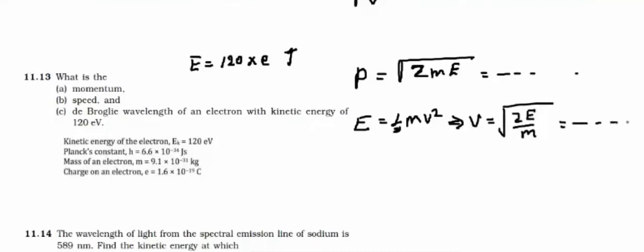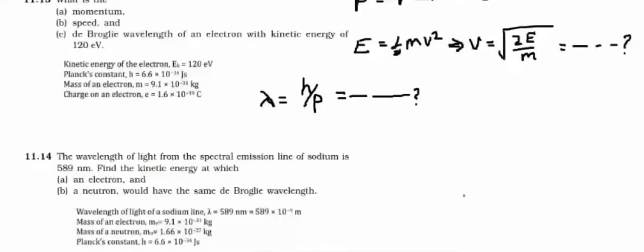Substitute the values. You will get the value of speed. Then de Broglie wavelength. In the first part, you have calculated the momentum. Therefore, de Broglie wavelength you can calculate using the formula lambda is equal to h by p. Substitute the values. You will get the de Broglie wavelength.